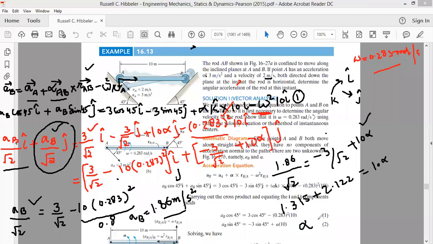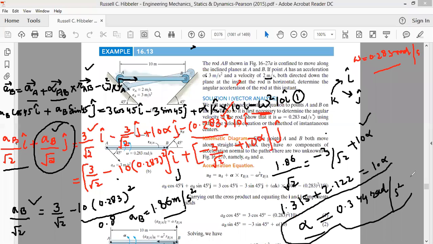Alpha comes out equal to 2.122 plus 1.315, that is 3.47, divided by 10, that is 0.344. So alpha comes out equal to 0.344. Since this is angular acceleration, its units are radian per second square. So this is the value of angular acceleration that we had to find.